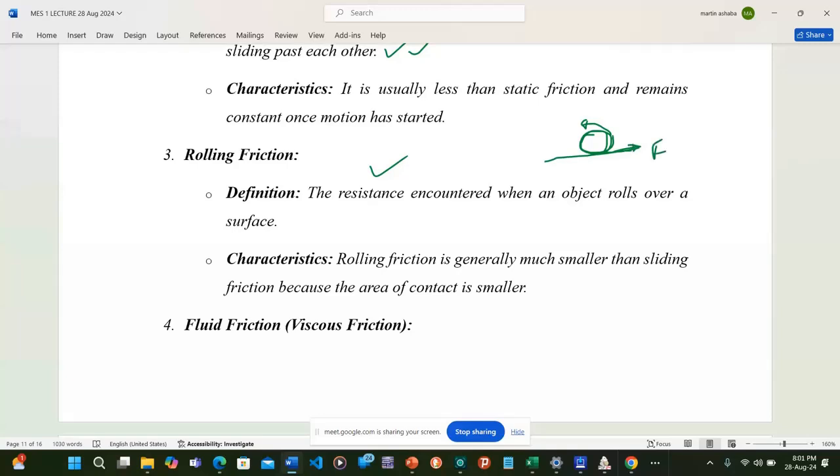This is maybe your force propelling the body in front, but there is a force acting between the body and the surface, and that force is what we are calling rolling friction. As long as this resistance is encountered by the body when it is rolling, we shall call it rolling friction.